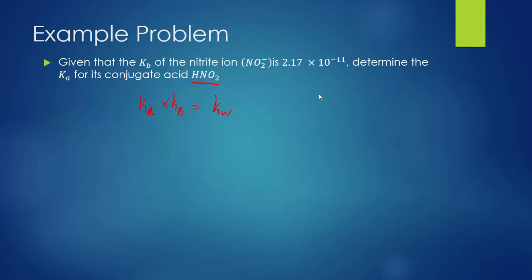The hardest part about this is remembering that Kw is equal to 1.0 times 10 to the negative 14th. So all we're going to do is solve for Ka. Ka equals Kw divided by Kb, so 1.0 times 10 to the negative 14th divided by 2.17 times 10 to the negative 11th gets us 4.6 times 10 to the negative 4.